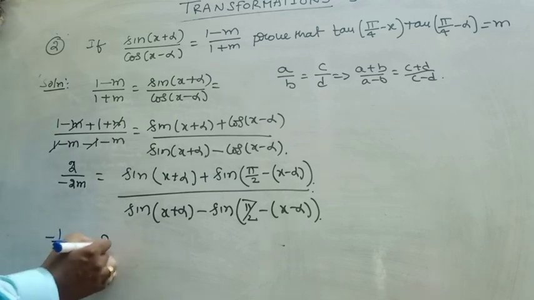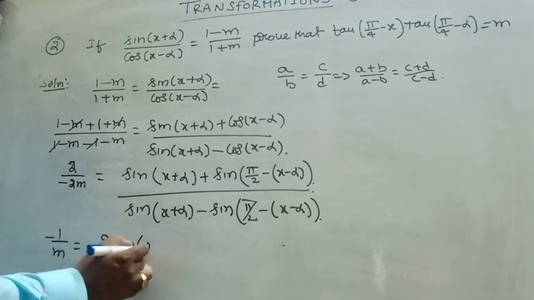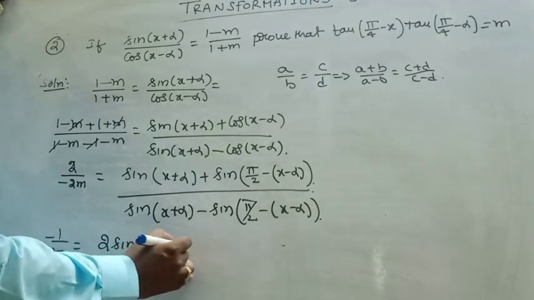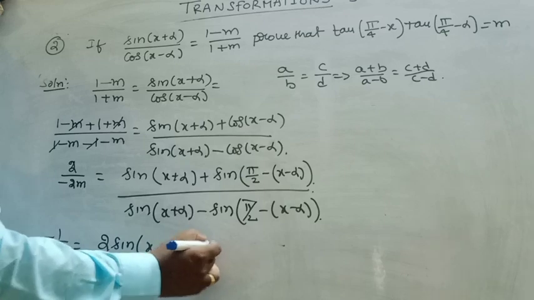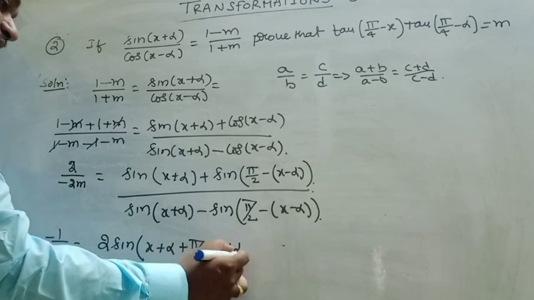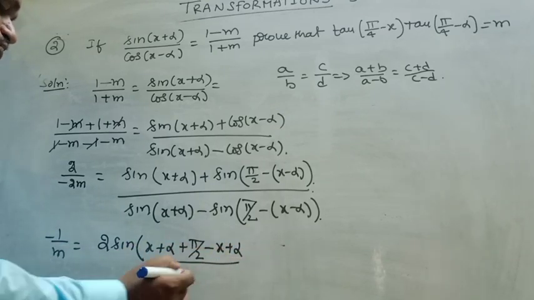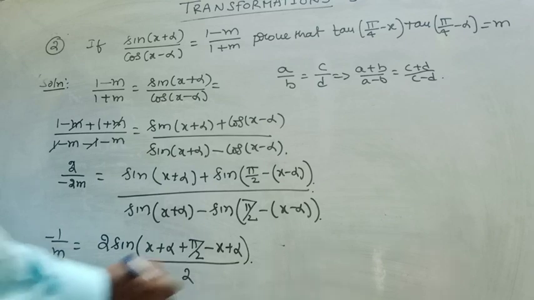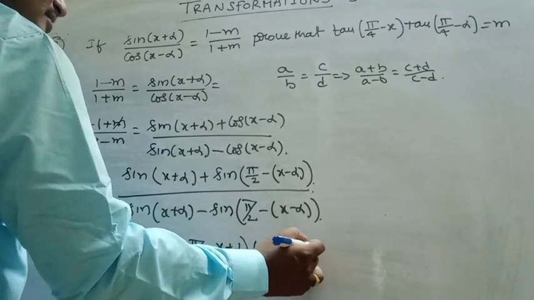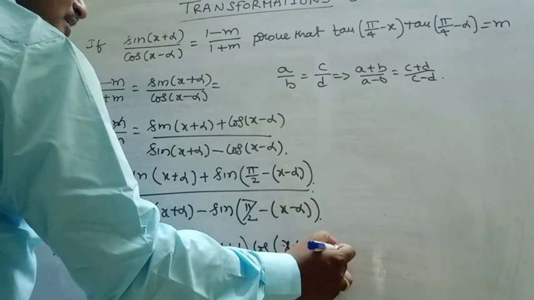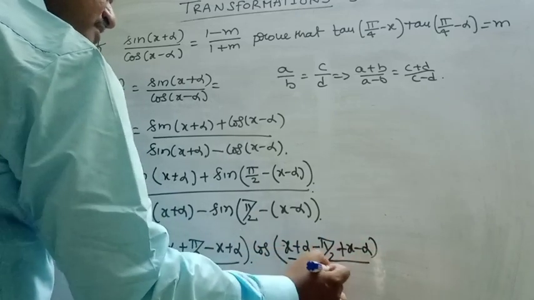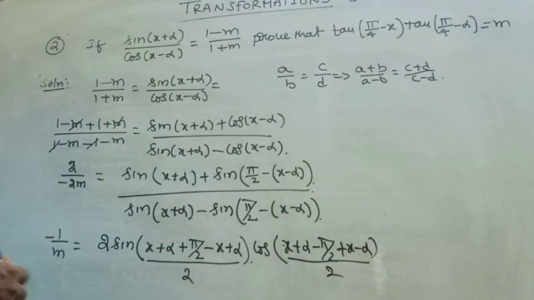Therefore, this is 2 sin of (C plus D) by 2, that is (x plus alpha) plus (pi by 2 minus x plus alpha) whole by 2, into cos (C minus D) by 2, this is now (x plus alpha minus pi by 2 plus x minus alpha) whole by 2, like this. We have got. Wonderful. Right?